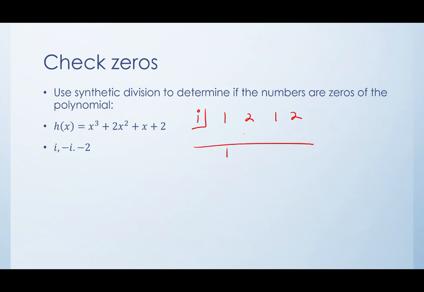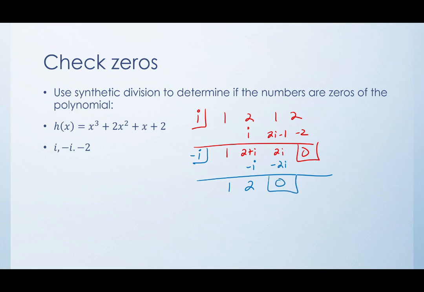So 1, we got the same thing, 2 plus i, 2i minus 1, so 2i, and then minus 2, 0. Great. Then we want to check and see if minus i is a factor. There's no reason to start from the beginning because we know the first one's a factor, and so the next term, if it's a factor of the original polynomial, it's also got to be a factor of our quotient here. So we've got 1, we've got minus i, the i's will cancel, we got 2, we got minus 2i, oh look, they cancel out.